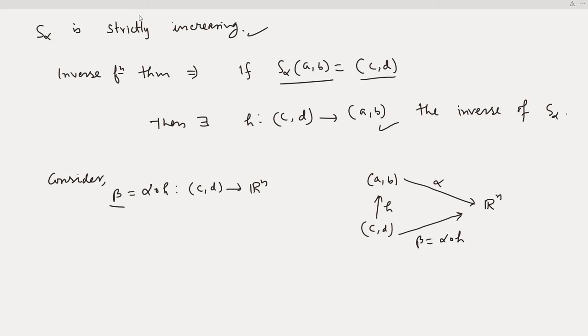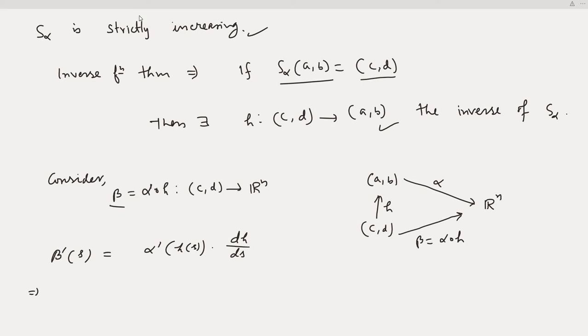First of all, beta is a reparameterization of alpha, that is clear. Now we compute the derivative beta prime of s. By the chain rule, this is equal to alpha prime at the point h of s times dh/ds.